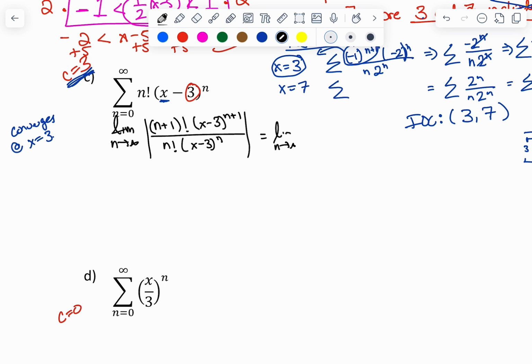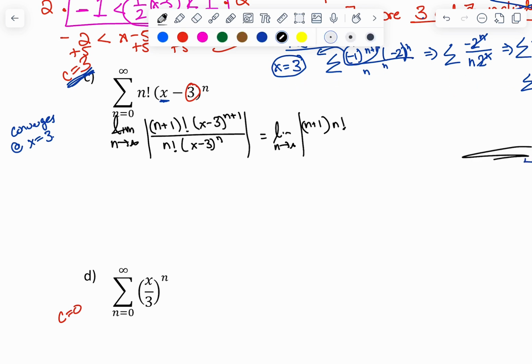We've got (n plus 1) times n factorial times (x minus 3)^n times (x minus 3), all of that over n factorial times (x minus 3)^n.